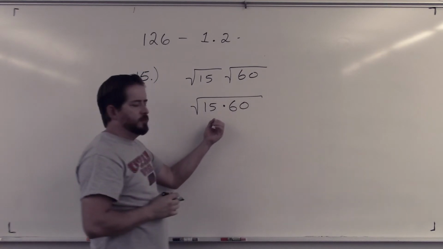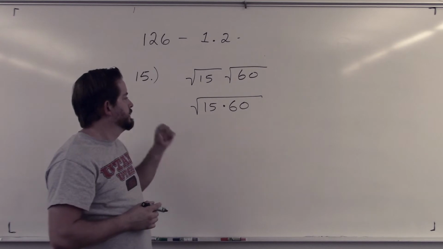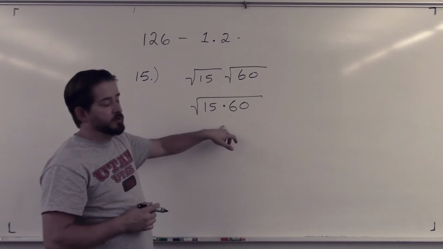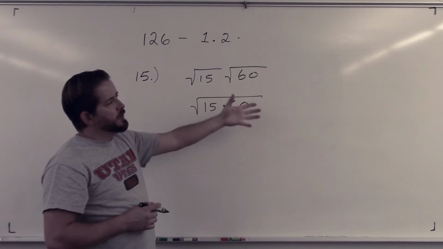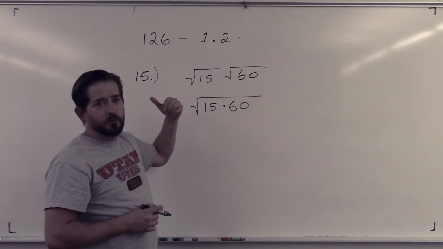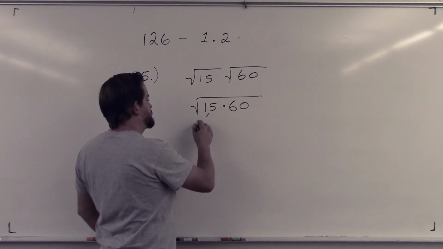But rather than trying to multiply these together and getting some big ugly number I don't care about, 900, I'm going to start breaking it apart from here. Because even if I got my big number, I would then figure out what the square root of that is by breaking it apart. And so I can say that 15 is 3 times 5.